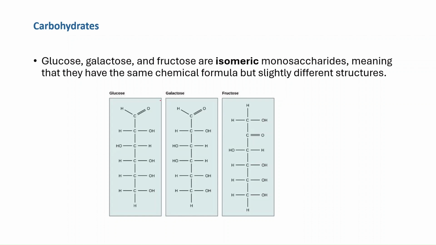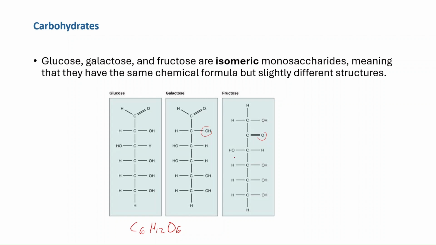If you notice glucose, galactose, and fructose, they all have the same formula, but the atoms are organized different. Looking here, for instance, you have an OH, and here you have an oxygen. But here you have an oxygen, and here you have an OH. If you count them, they all are C6H12O6, but the atoms are distributed different.